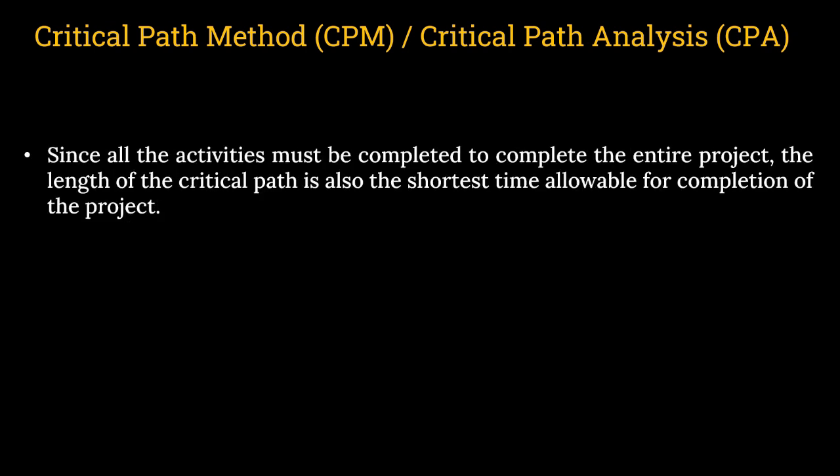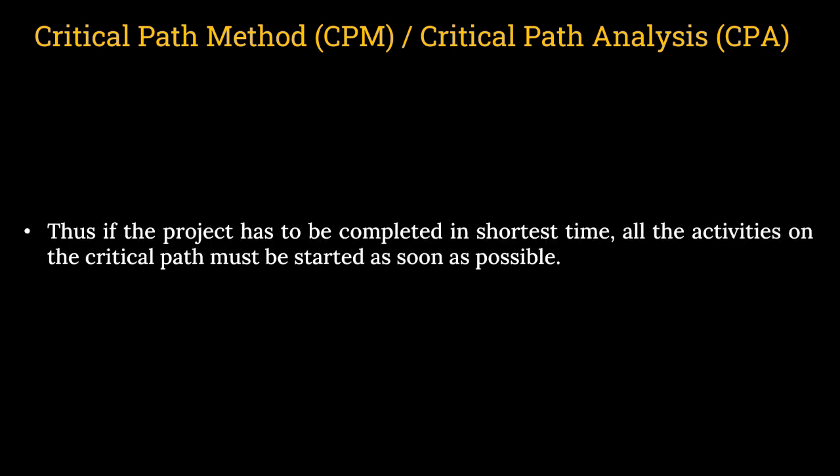Second, we have also discussed that since all the activities must be completed to complete the entire project, the length of the critical path is also the shortest time allowable for the completion of the project. So the longest path automatically becomes the shortest time to complete the entire project. Okay, keep that in your mind.